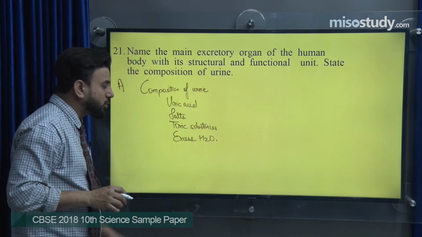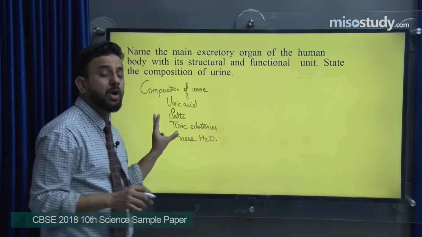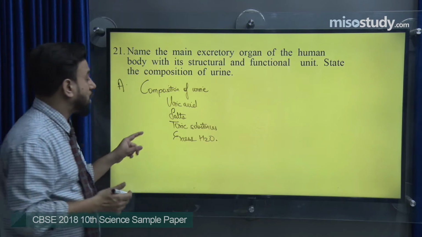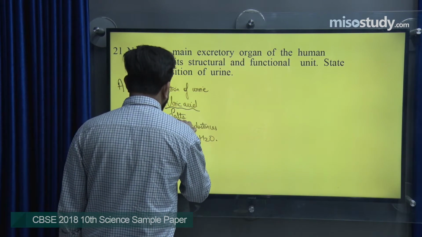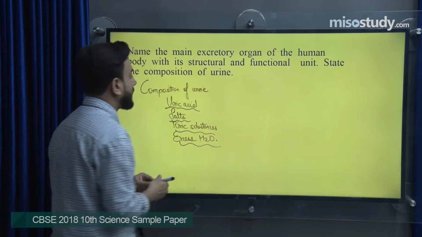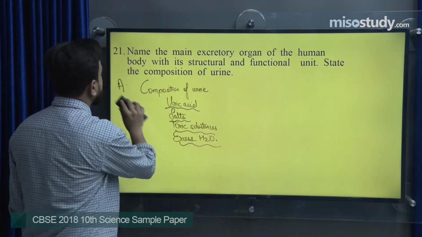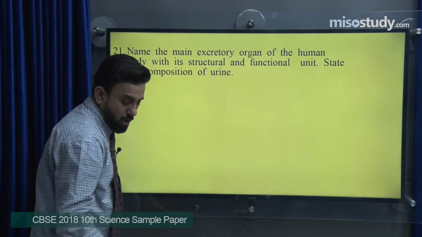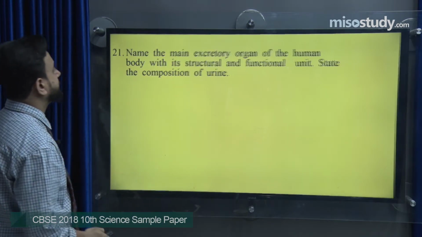This is just a small composition of urine. When we talk at higher classes, we will see each of these components in detail. So uric acid, salts, toxic substances, and excess water. Okay, so with this we have finished this question, and now we will move on to the next question.